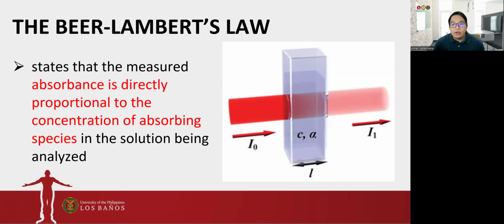Okay? Next is the governing principle of spectrophotometry, the Beer-Lambert's law. It states that the measured absorbance is directly proportional to the concentration of the absorbing species. Okay? So yung I natin is yung light, yung initial or incident light. Then ito yung nag-pass through na light.